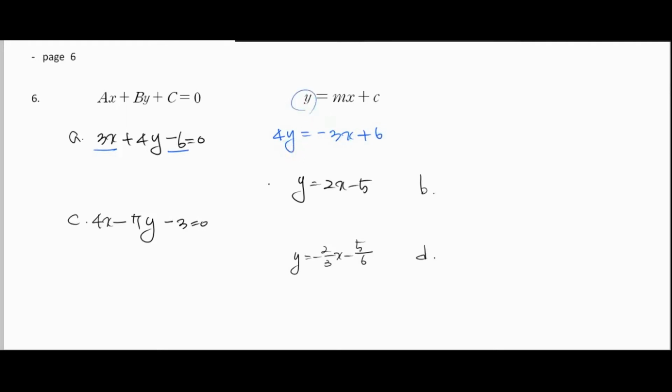But it's requiring the y equals form, not 4y equals. We should divide both sides by the coefficient of y, which is 4. Then it will be y equals minus 3 over 4 x plus 6 over 4, simplified to 3 over 2.